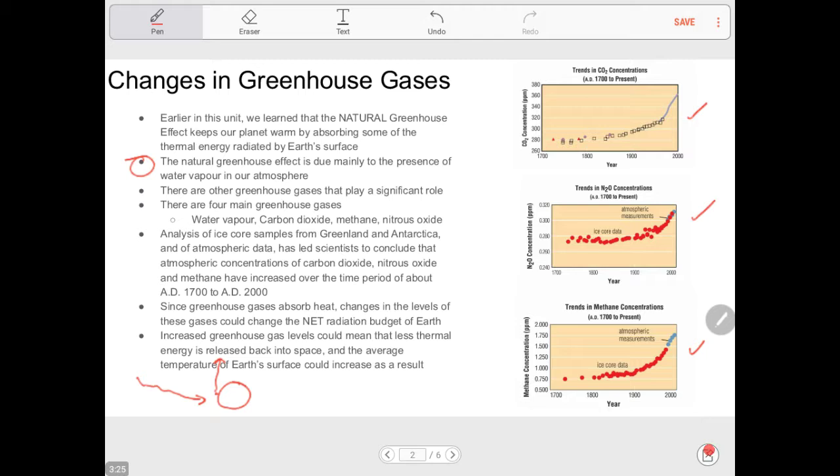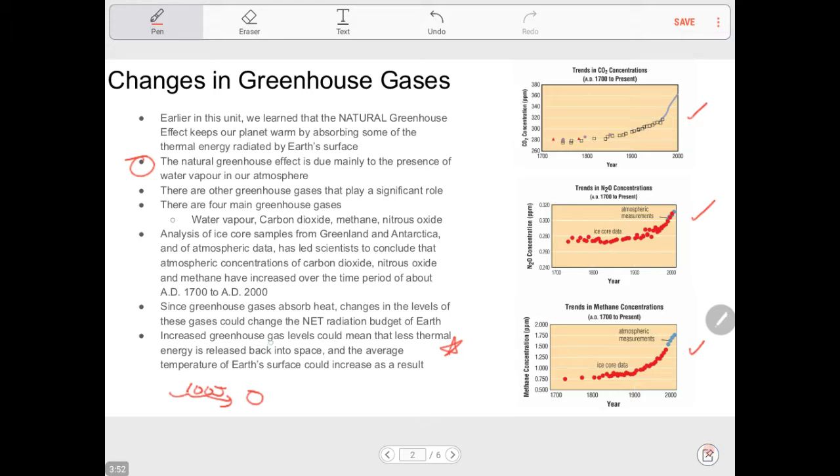What we're saying here, especially in this last bullet, increased greenhouse gas levels could mean that less energy is released back into space. So think of that now. If I do a really basic example, let's say we have 100 joules of energy coming in. In the past, we would have 100 going out, which means we have a perfect balance.